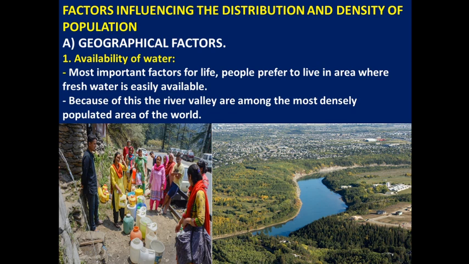If we talk about water, water is totally unevenly distributed. Here water means mostly fresh water: sources of fresh water such as rivers, lakes, canals and groundwater. These are some of the major sources of fresh water. We are using fresh water for different purposes, right?